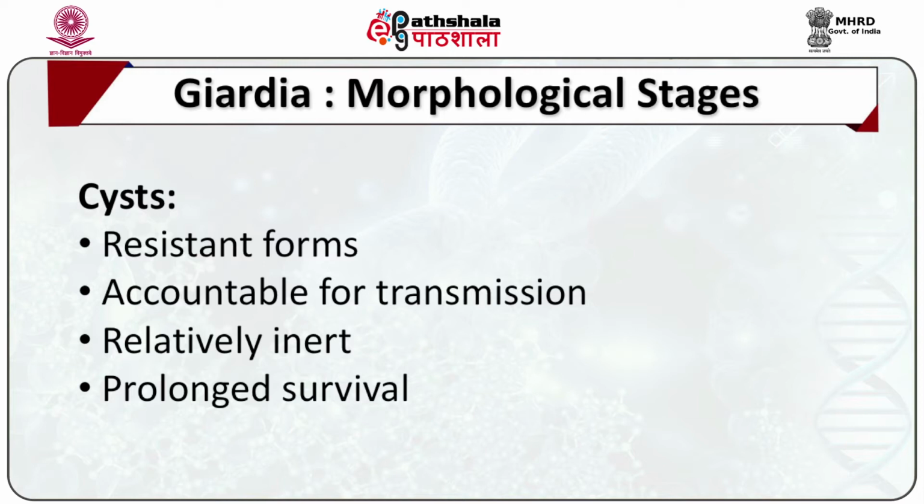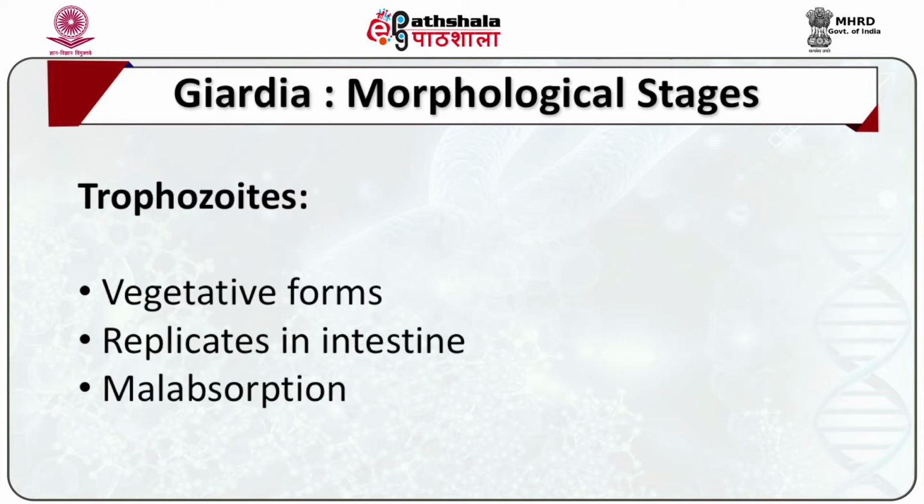The cyst is relatively inert, allowing prolonged survival in various environmental conditions, while the trophozoite is the vegetative form and replicates in the small intestine, where it causes symptoms of diarrhea and malabsorption.